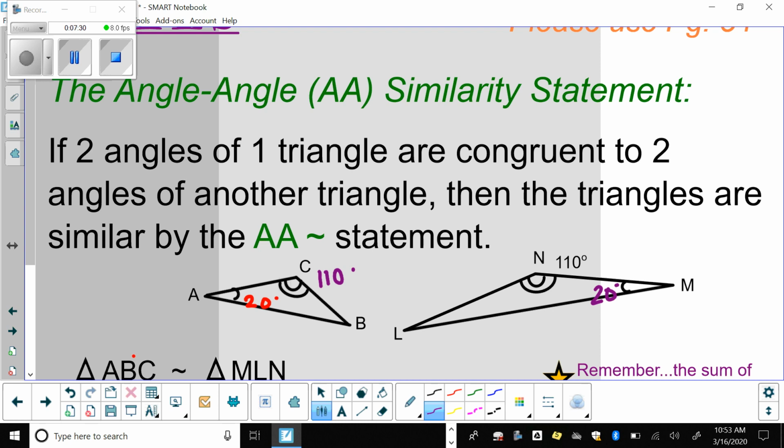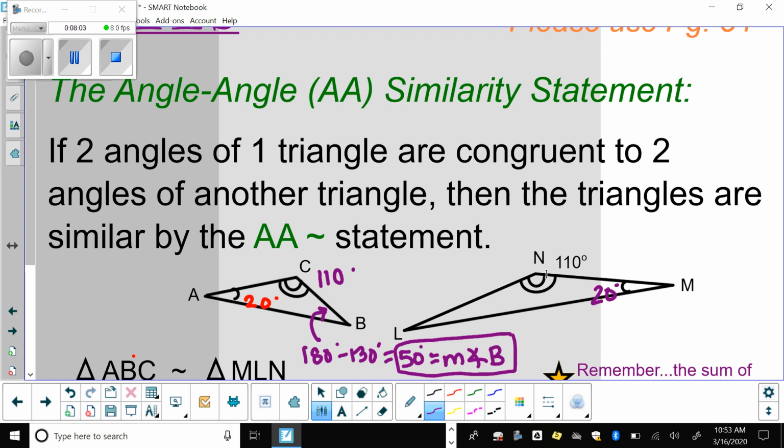So if angle A is 20 degrees and angle C is 110, which is 130 degrees, that means angle B has to be 50 degrees. So the measure of angle B is equal to 50 degrees.